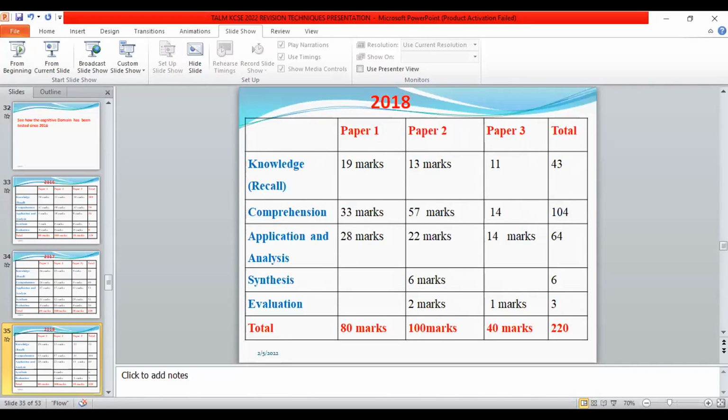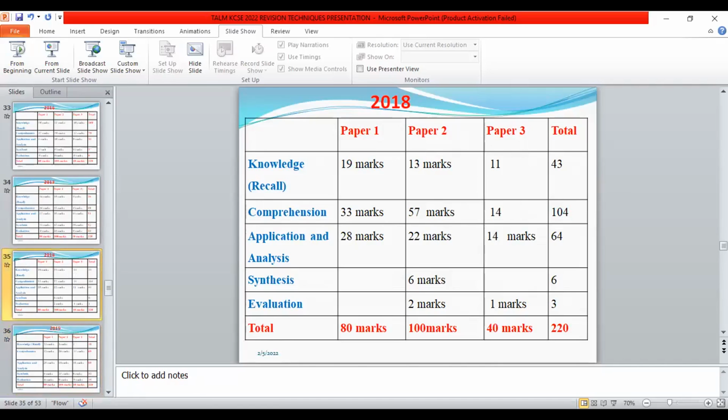So this candidate who was very poor at comprehension, application, and analysis was in great trouble because out of 220 marks, 168 marks were covering those two areas. Synthesis, this time they decided to reduce the number of marks. We had only 6 marks, and then evaluation, we had 3 marks. That's what we had in 2018. So I think things were much better as compared to 2017.